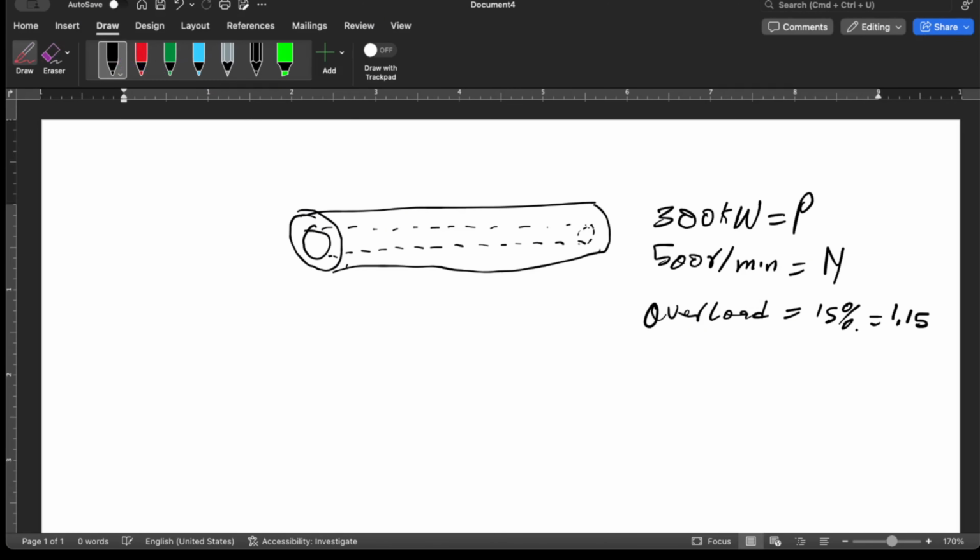So, must you understand this one? The first one is for a full load, then this one is the percentage.